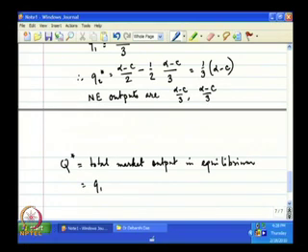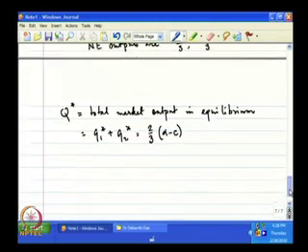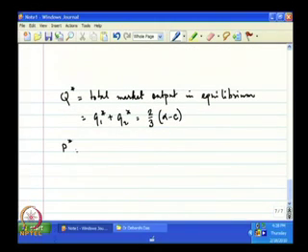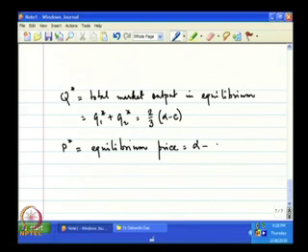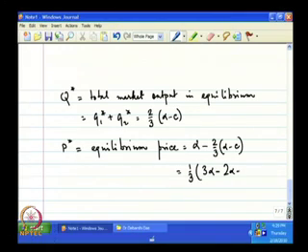So, this is q1 star plus q2 star, which means 2 divided by 3 times alpha minus c, and the equilibrium price formula is that it is alpha minus Q. So, alpha minus Q, which gives alpha plus 2c divided by 3.